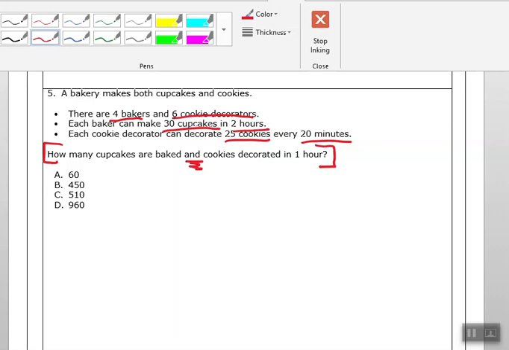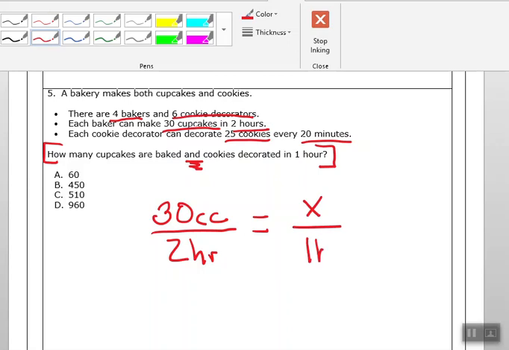So the first thing I need to do is figure out, 4 bakers and 6 cookie decorators. Each baker can make 30 cupcakes in 2 hours. So I have 30 cupcakes in 2 hours, and that's over 1 hour.